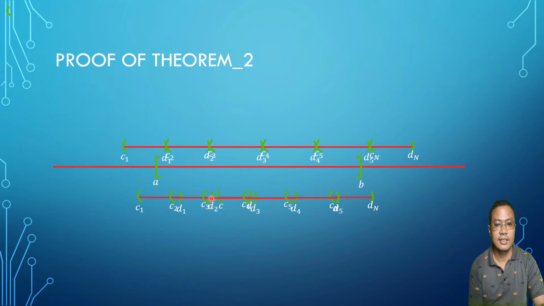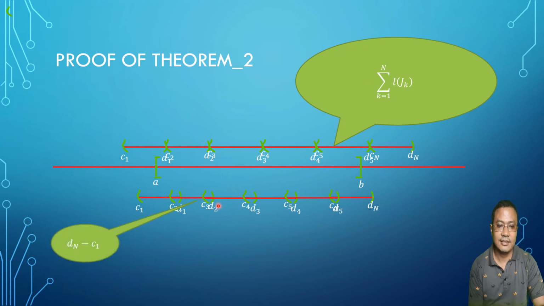From the picture it is very obvious that the sum of the lengths of the intervals will be greater than the length of the union of the intervals, okay. And the redundant one from here also you can remove, because even if you remove that one, the remaining will still be a cover of the closed interval AB, okay. So this is the sum of the lengths of the intervals, and this is the length of the union, that is Dn minus C1, okay.